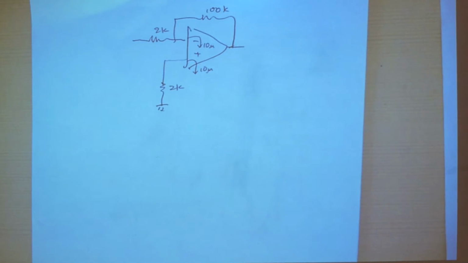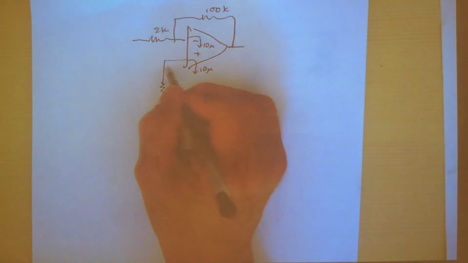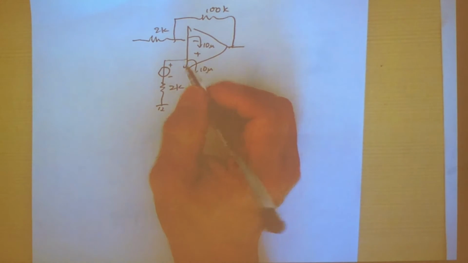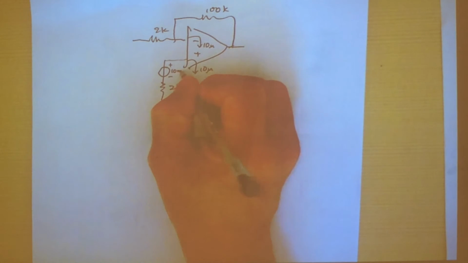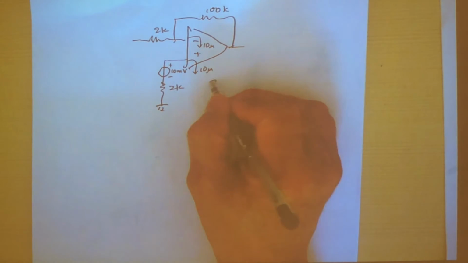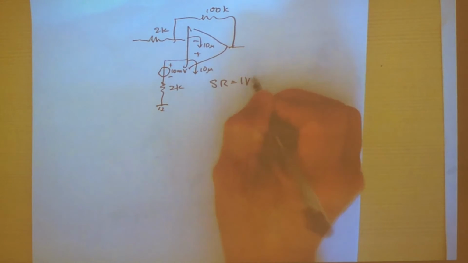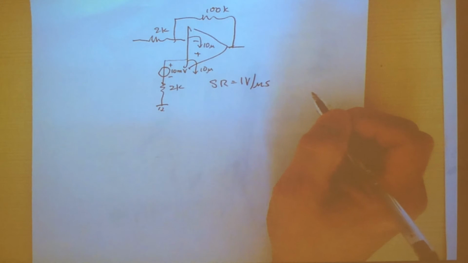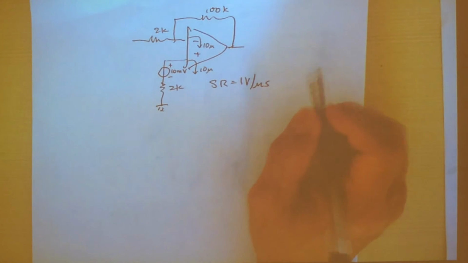And we are also told that there's an offset. So this offset here is 10 millivolts. And this is precisely what we have. We are also given slew rate equal to 1 volt per microsecond. And we are asked to find out the DC component at the output caused by the non-ideal parameters.